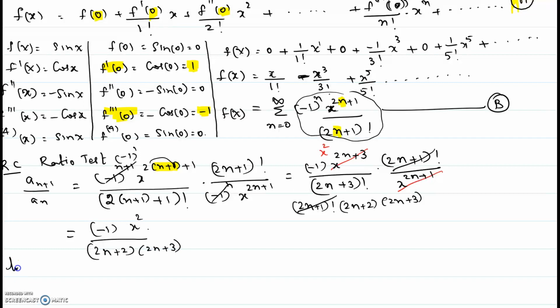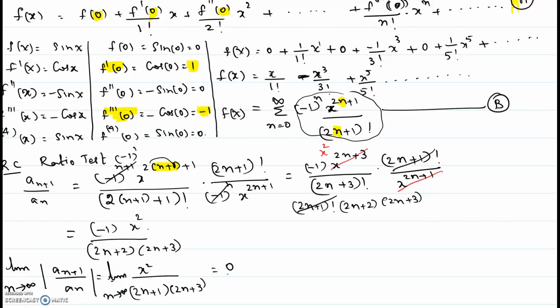Now I'll take the absolute value and allow n to approach infinity. The absolute value of negative 1 is just 1. So we have x squared divided by 2n plus 2 times 2n plus 3, as n approaches infinity.